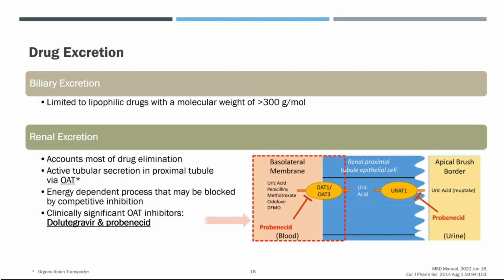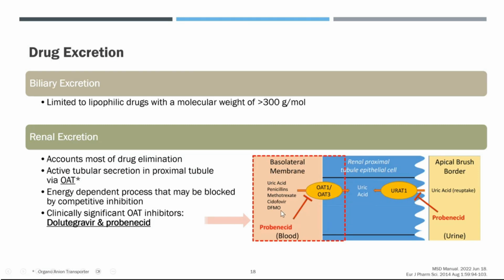There are multiple medications known as significant OAT inhibitors, including dolutegravir, which is part of the HIV regimen, and also probenecid. What that causes is they will bind to the OAT, therefore inhibiting the OAT substrates in the bloodstream.